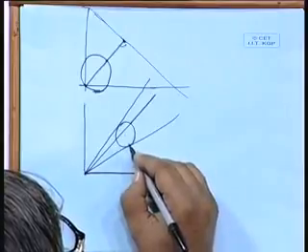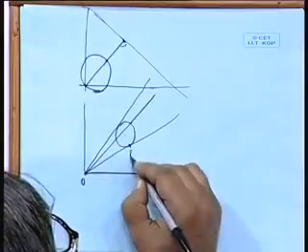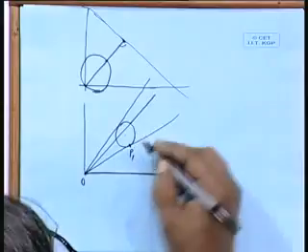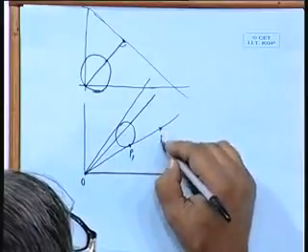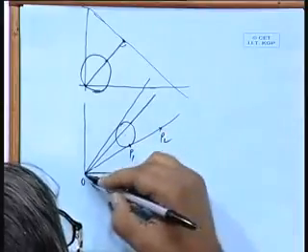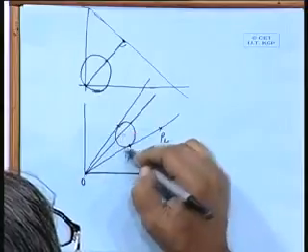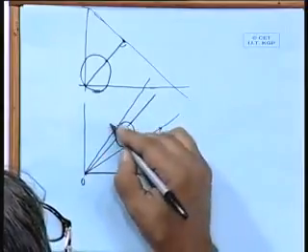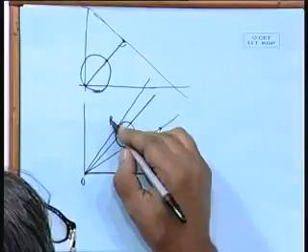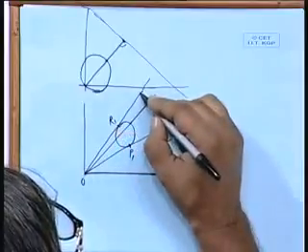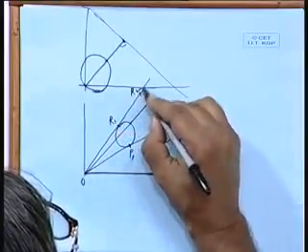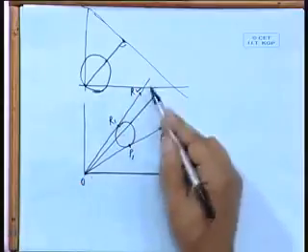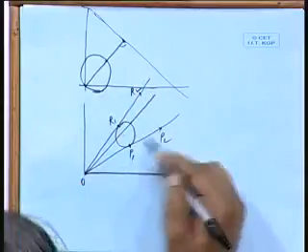So, inverse of this, say OP1 is maybe OP2. Similarly, because the tangents are of the same length, OR1 is OR2. Okay. So, these are the inverses.